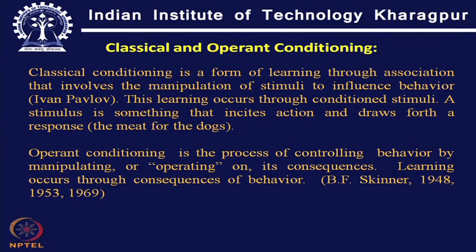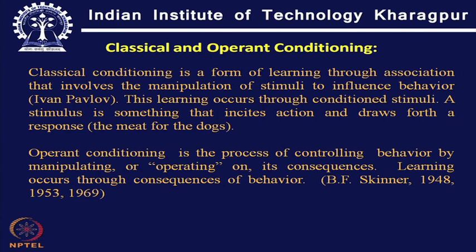We will discuss the two groups of reinforcement theories. First is the classical conditioning theory and the second is the operant conditioning theory. Classical conditioning is a form of learning through association that involves the manipulation of stimuli to influence behavior.